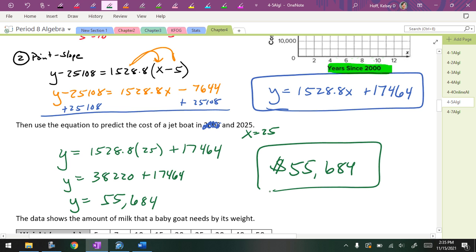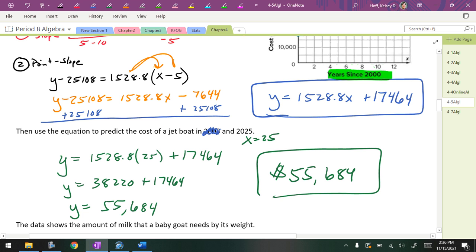It'd be interesting how accurate that is. I don't own a boat, but I've been told that boats are very, very hard to come by and are very, very expensive right now. So I'm going to guess the trend did not follow this. Okay. So I'm going to tell you right now, the difficult part is you're not going to deal with nice numbers. You're going to deal with, in this case, really large numbers, but possibly decimals too.